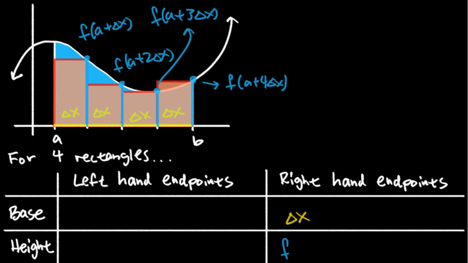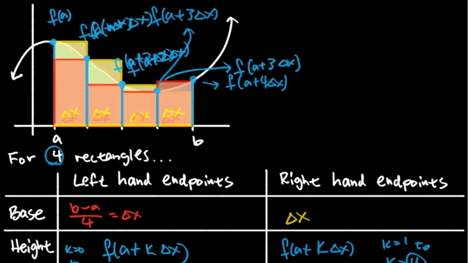So we're going to have f of a plus k delta x again, from k equals 1 to k equals 4. Notice that k is going to end at 4, and that's how many rectangles we have, right? And here, k ends at 3, it's going to be that minus 1.